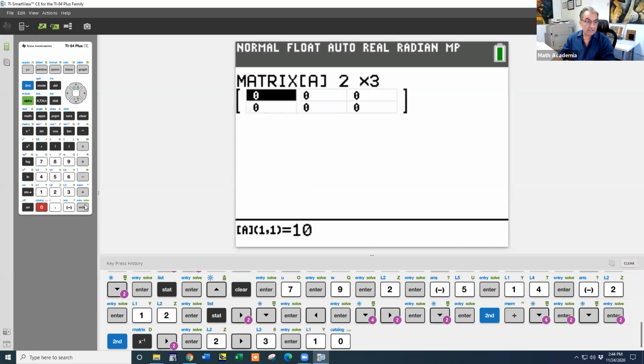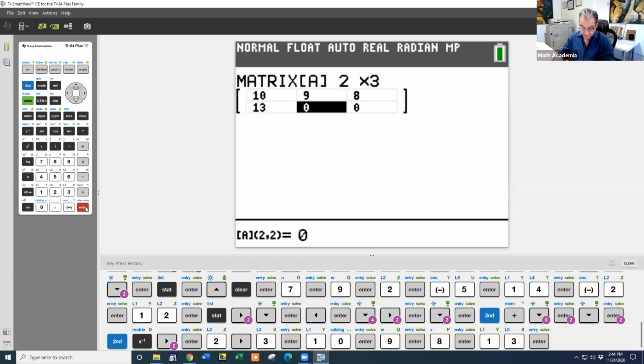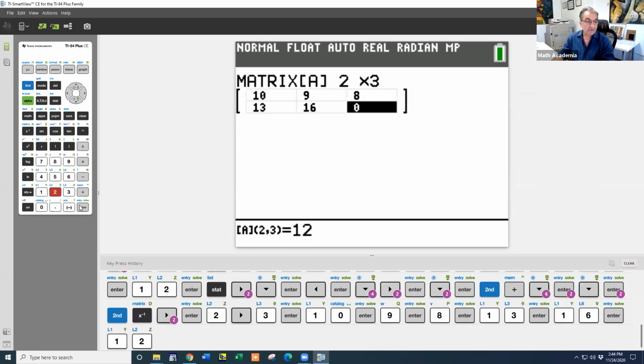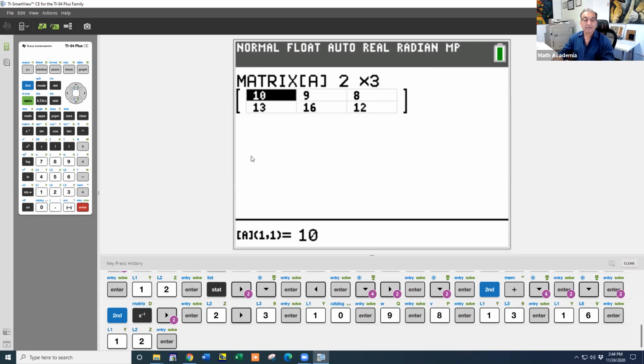First number is 10. Then we have 9. Then we have 8. Then we have 13. Then we have 16. And finally 12. And you enter that.